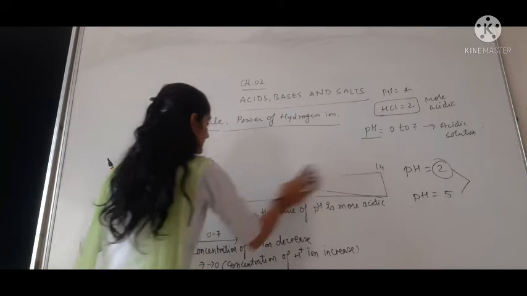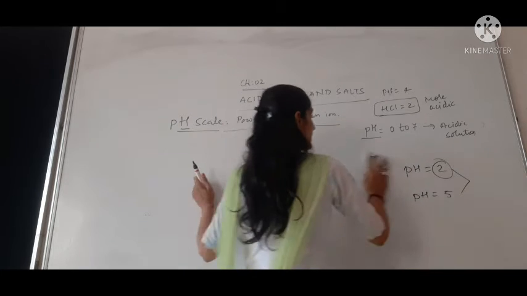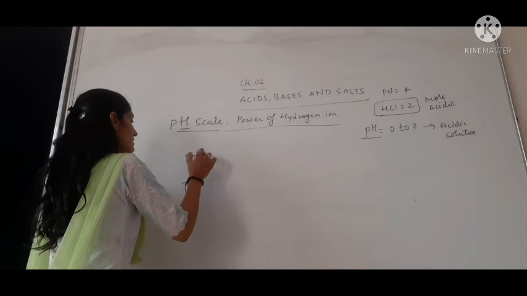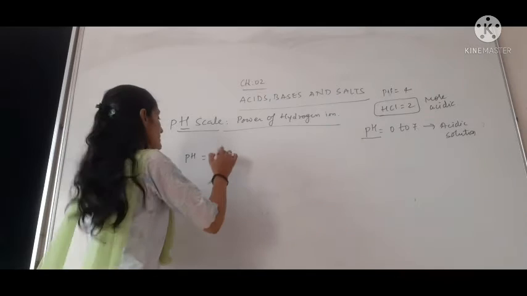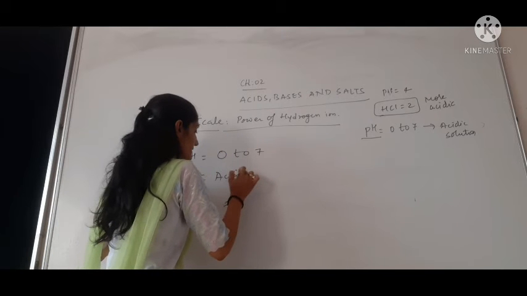If I am talking about the pH scale, the pH scale starts from 0 and goes up to 14, and we have to learn its values. If we are talking about pH, the value of pH lying in between 0 to 7, all those solutions are known as acidic solution.